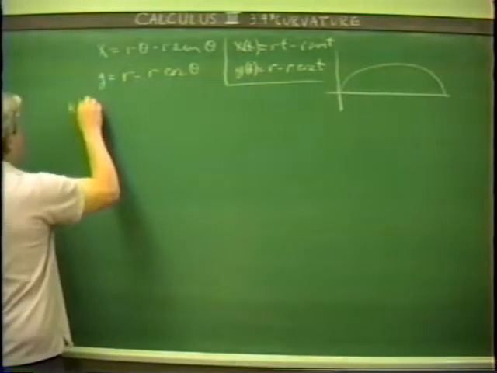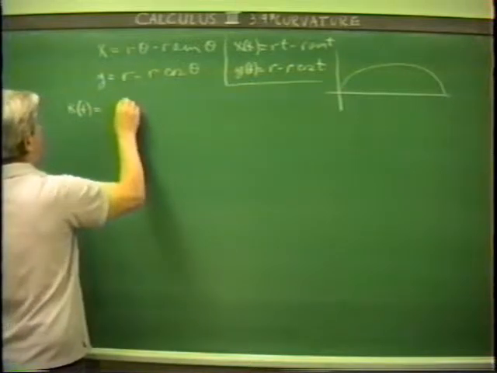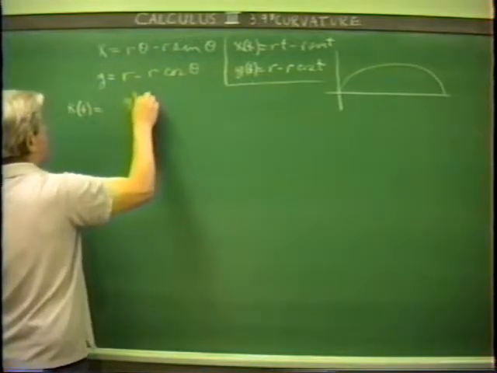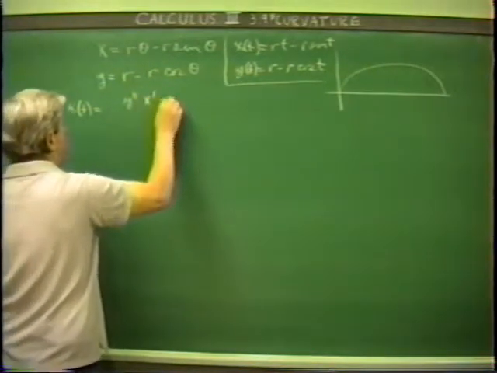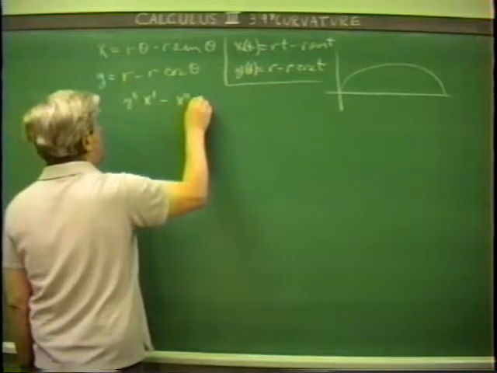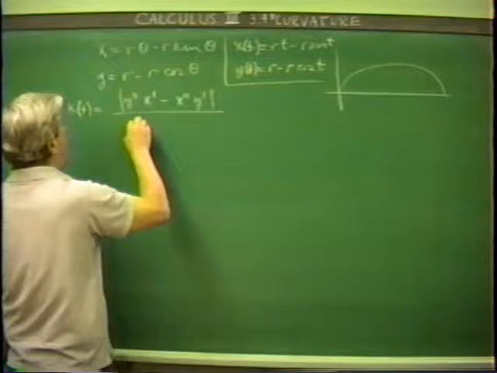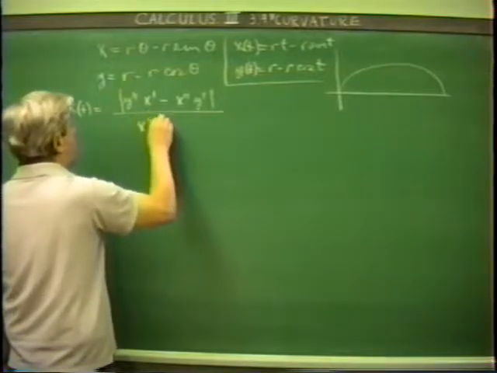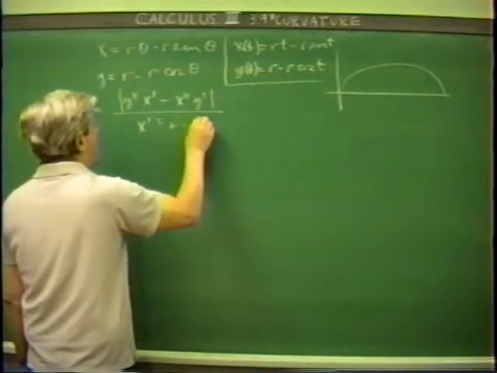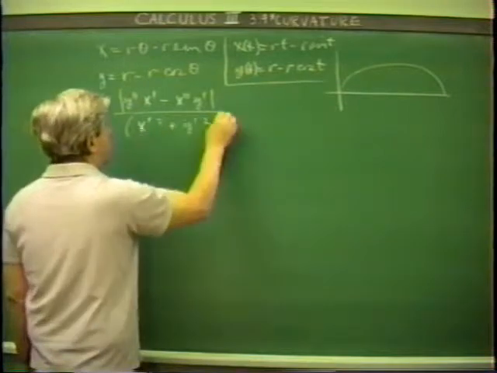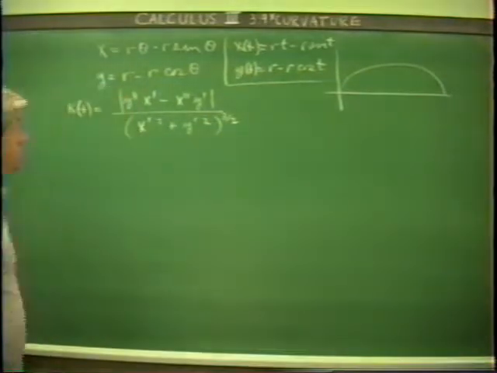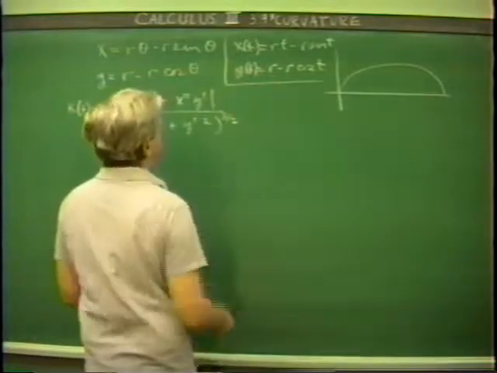And now we recall that the curvature kappa is given by kappa of t is the absolute value of y double prime x prime minus x double prime y prime, over x prime squared plus y prime squared to the 3/2 power.